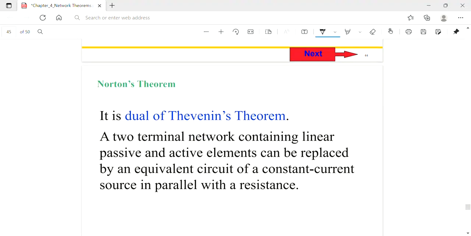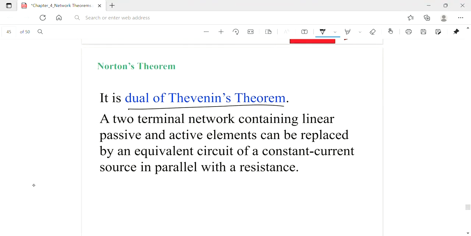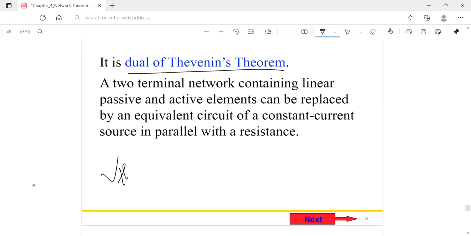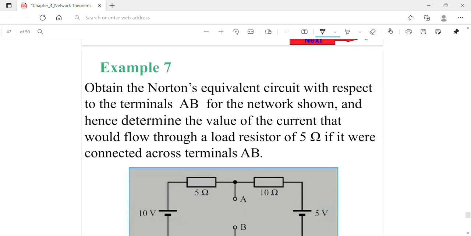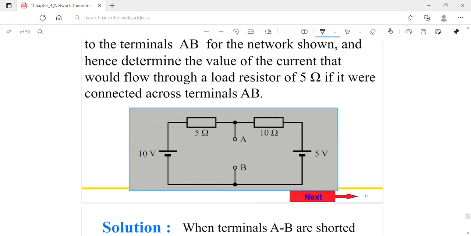Norton's theorem is the dual of Thevenin's theorem. In Thevenin's theorem, we calculate Thevenin's voltage and Thevenin's resistor. In Norton's theorem, we have to calculate the Norton's current and the Norton's resistor. As simple as that. So let's do a problem. Here is a problem.